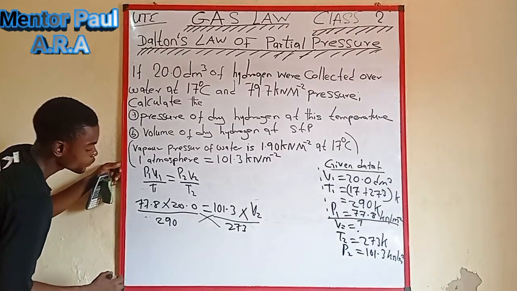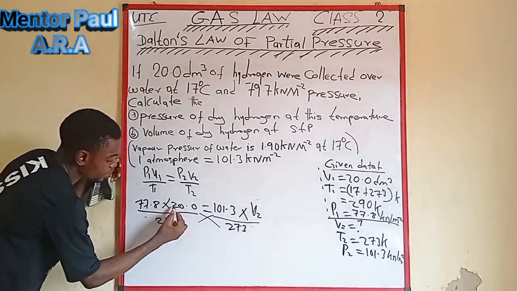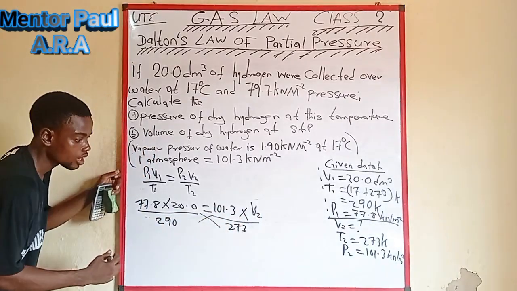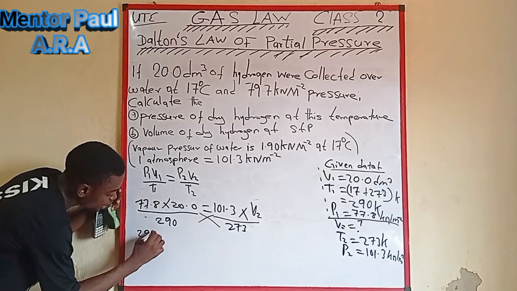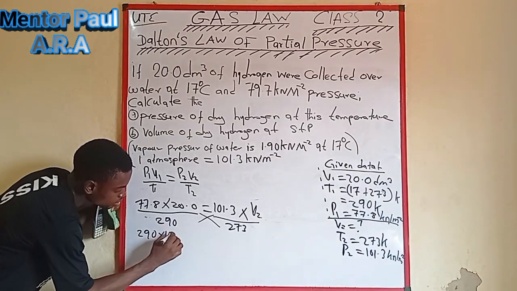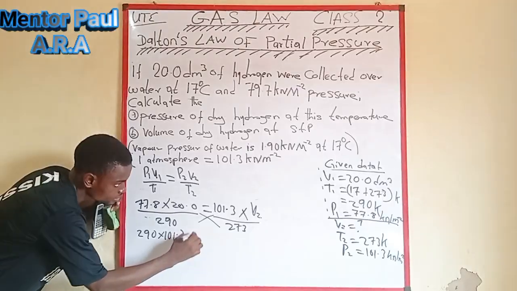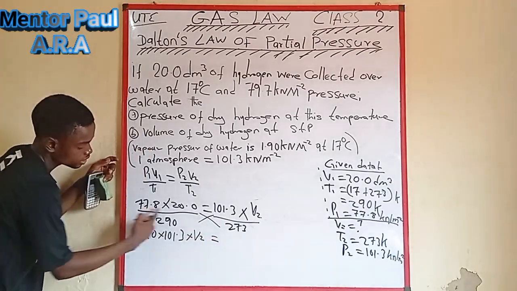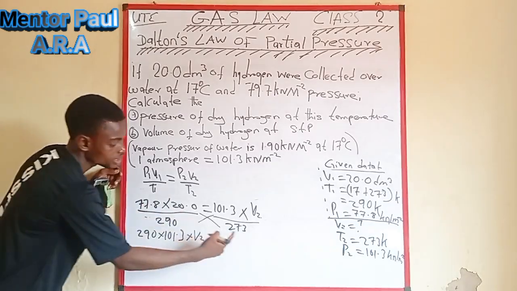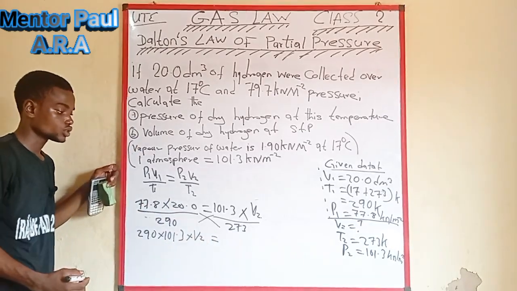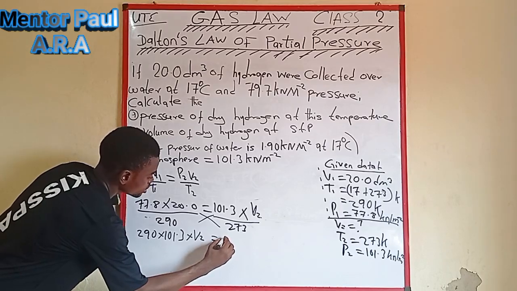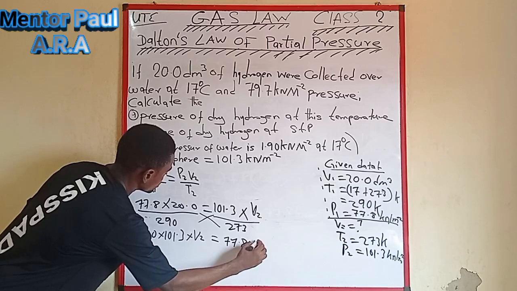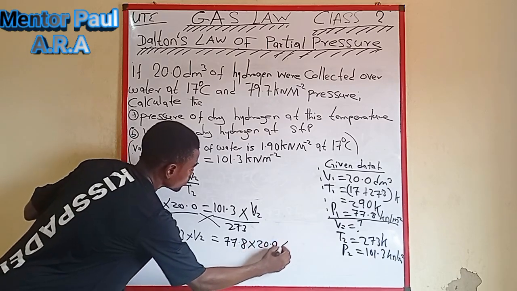What is going to remain here is this side multiplied by this side, and we are going to have 290 times 101.3 times V2, equals this whole parameter times this over here, which gives us 77.8 times 20.0 times 273.